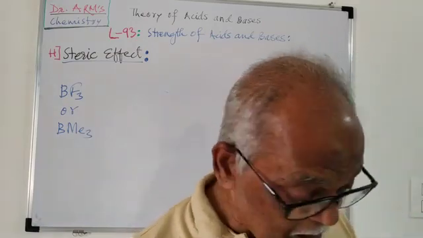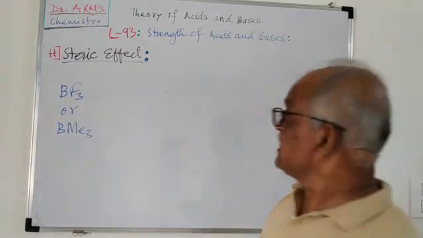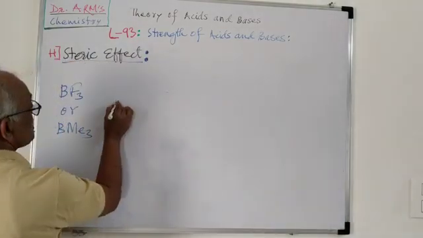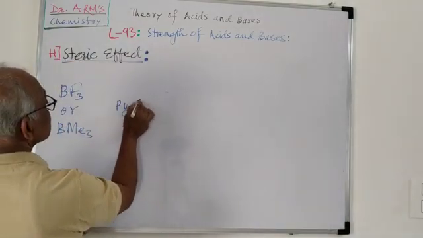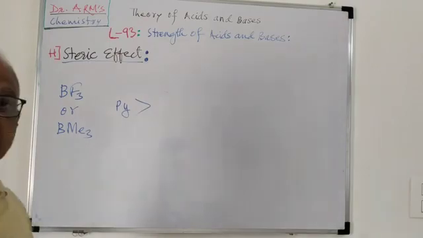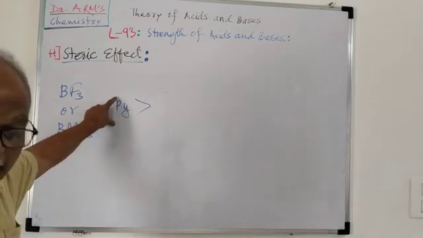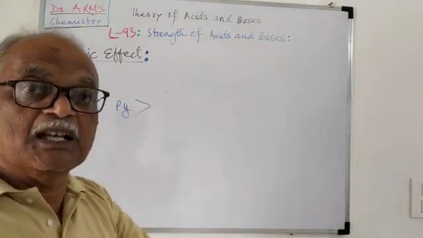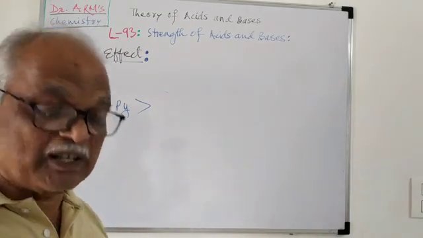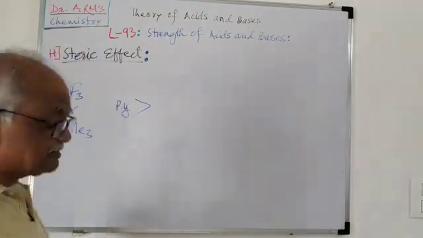So the order is found to be reversed and it becomes like this. Pyridine, in this case, is less bulky, meaning smaller in size. So the order is reversed like this.